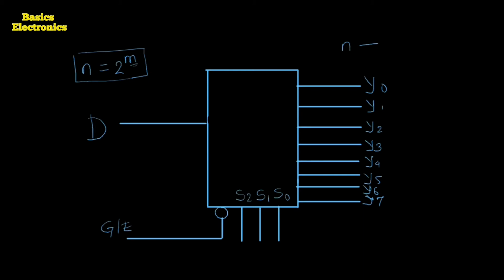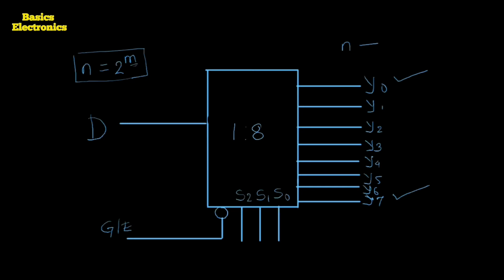You have to draw this symbol, the symbol of one line to 8 line demultiplexer. Then you have to draw the logical diagram. Then you have to explain any two conditions, how the data is passed towards the output Y0 line and how the data is passed towards the output line Y7, or you can explain the three lines.